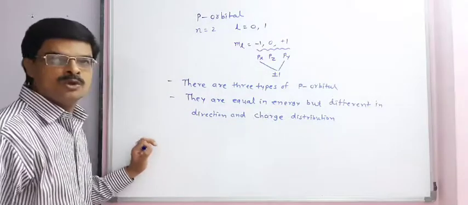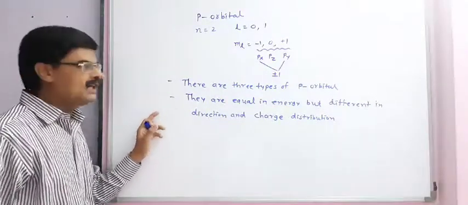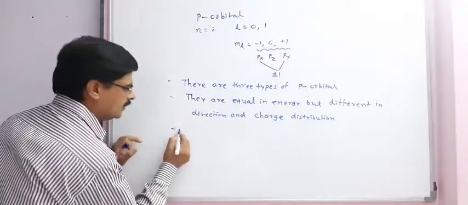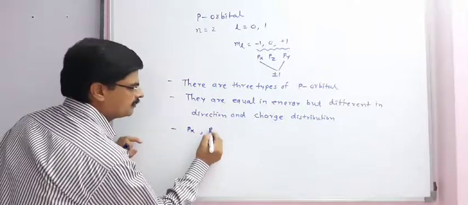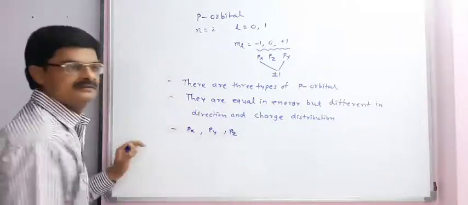So if we want to draw the boundary diagram of p orbitals, we can draw Px, Py and Pz.